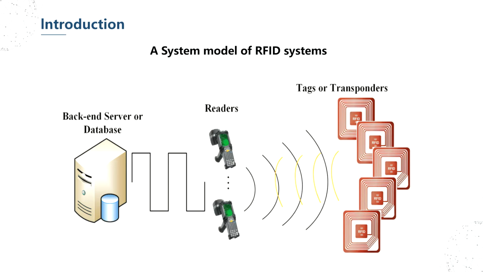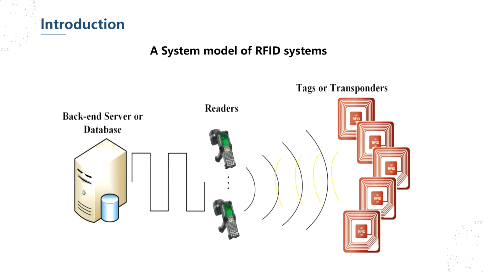Passive tags can only communicate with the readers when they are sitting in an electromagnetic field of the reader since they don't have battery power, whereas active RFID tags can power the integrated circuits and broadcast the response signal to the reader.